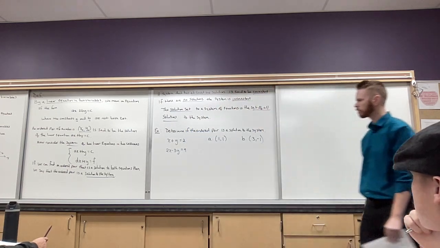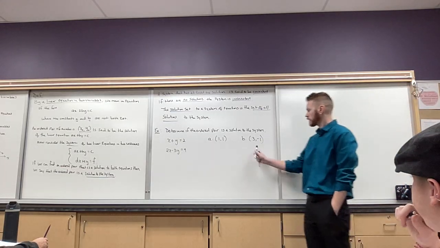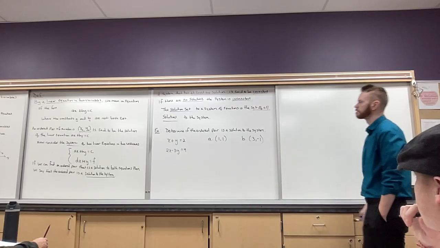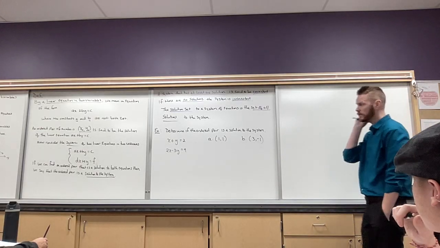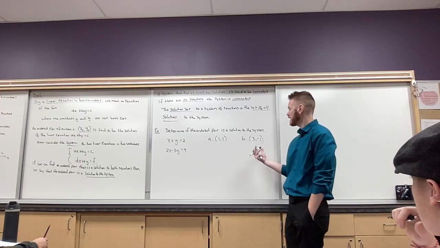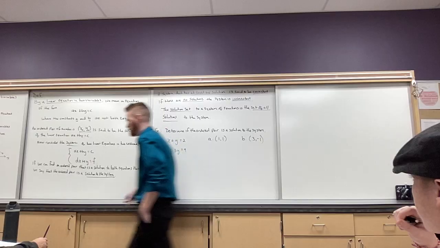Okay, so there's a very basic, generic system right there. And I have these two points, and I want to know, is that a solution to it? Now graphically, we could do this quickly. If you have a graphing utility handy, you can graph both lines and see if those points are on there, right? Done. Okay? No big deal with it.